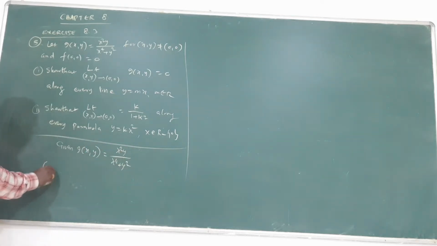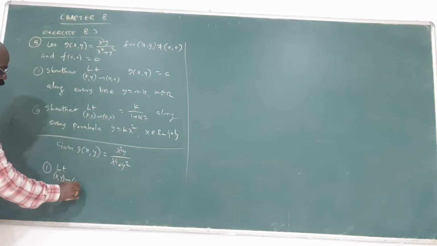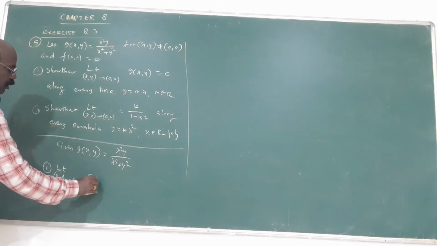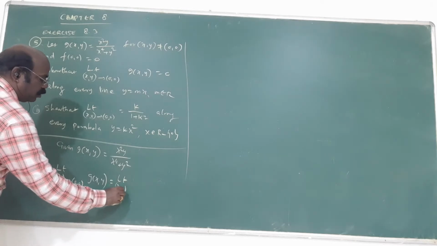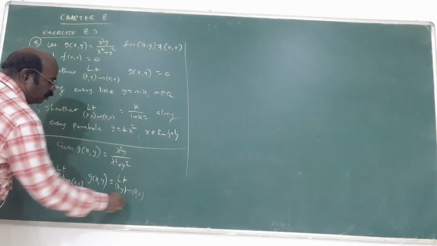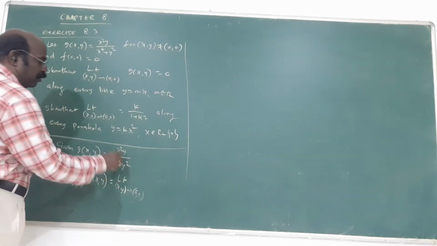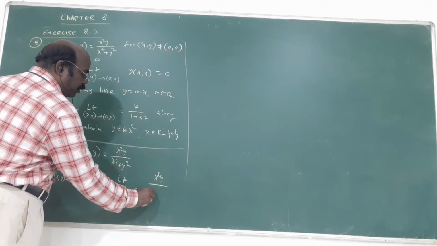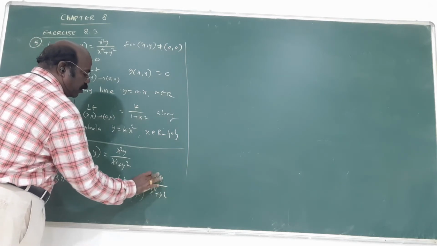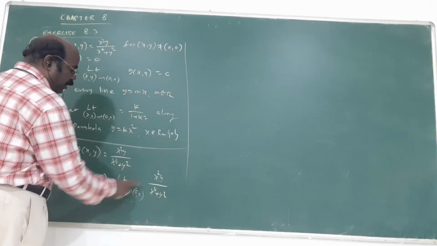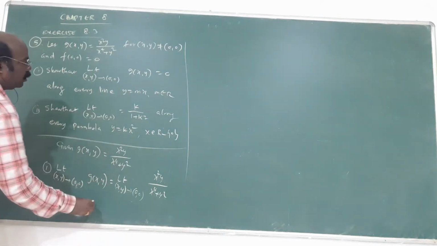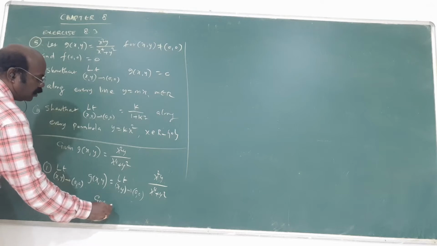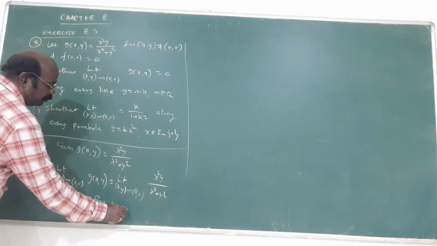Now what is being asked? First solution. Limit x comma y tends to 0 comma 0 of g of x comma y equals limit of x square y by x power 4 plus y square. Already told you, directly replacing x is 0, y is 0 means 0 by 0 is coming. That's why the first question is given y equal to mx.